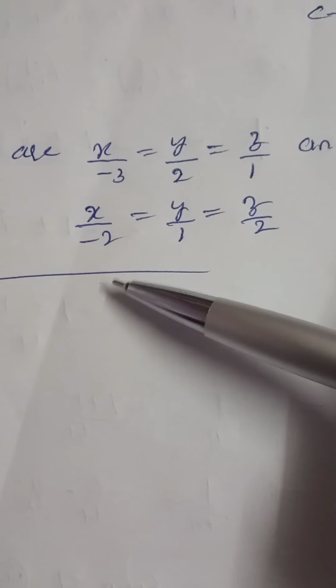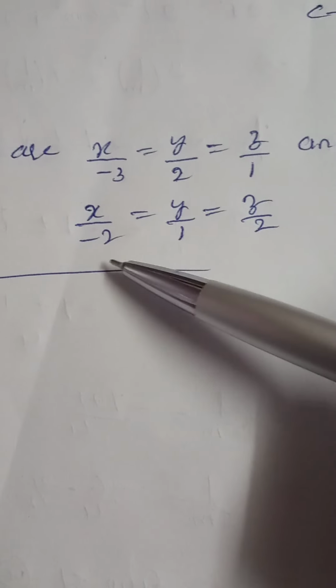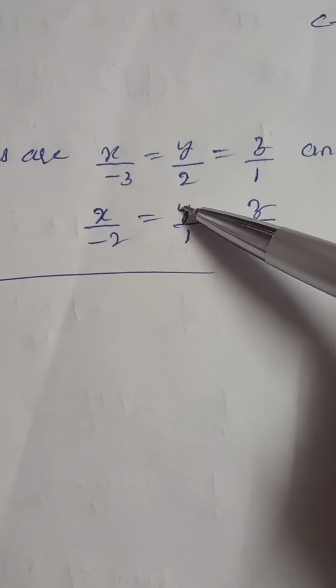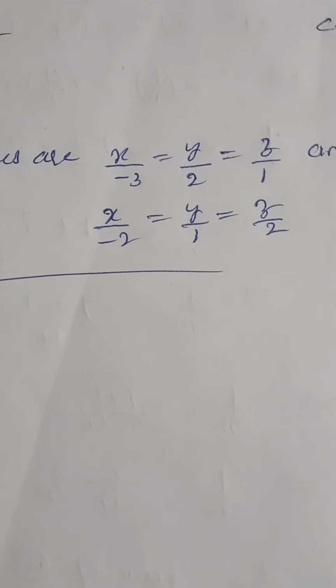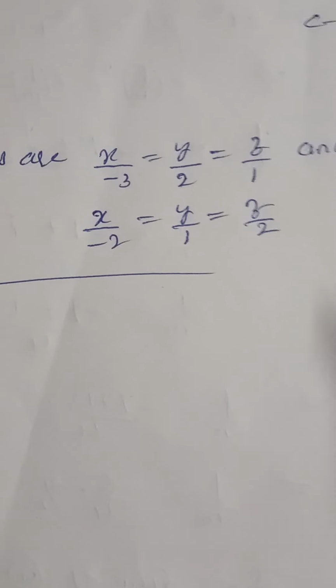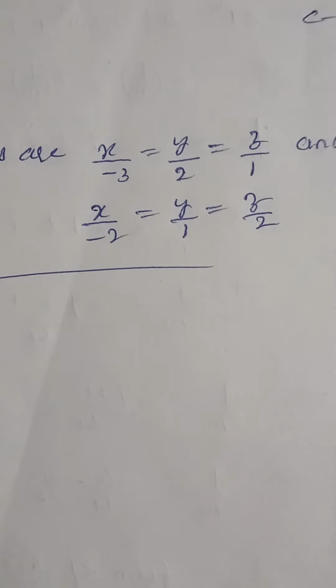See, if you compare with the answer, it will be x by 2 is equal to y by minus 1 is equal to z by minus 2. Right? Now, here if a, b, c are the direction ratios of a line, then minus a, minus b, minus c are also direction ratios of the line.